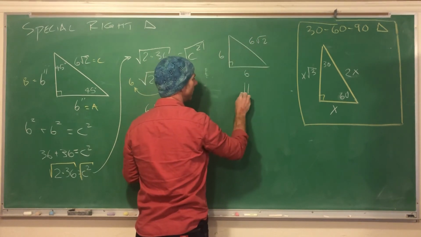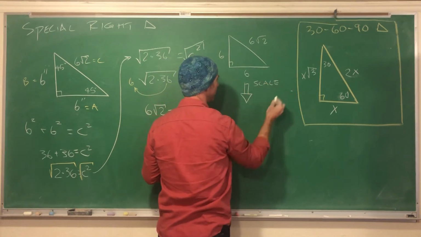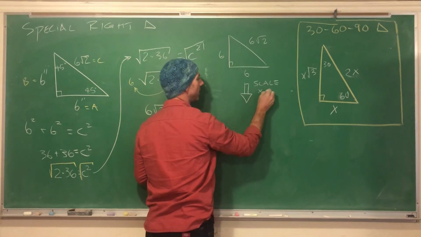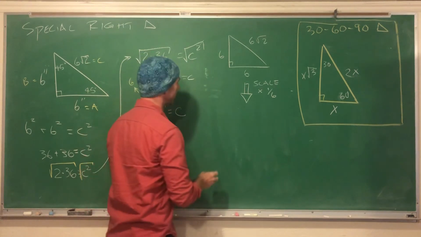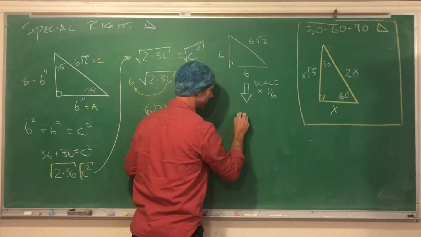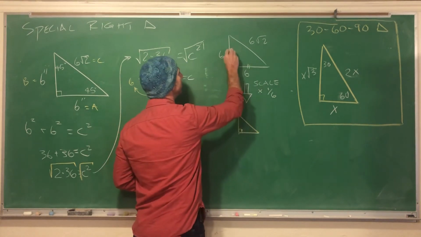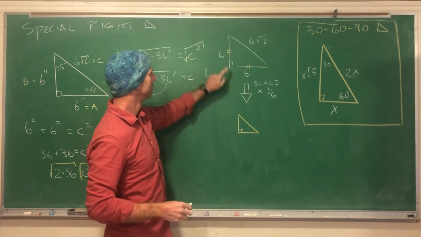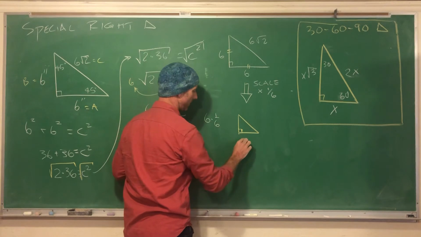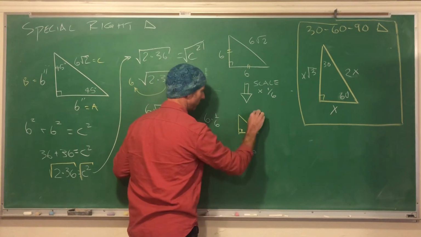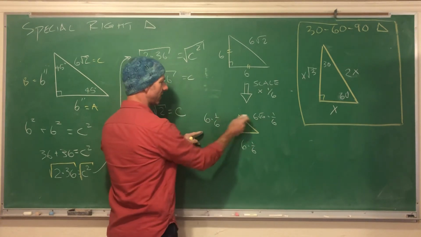What if I scale this and multiply it by 1 over 6? I'm going to have a triangle that's a lot smaller, but we'll draw it that size. So what is 6 times 1 over 6? Okay, those are my 3 sides.